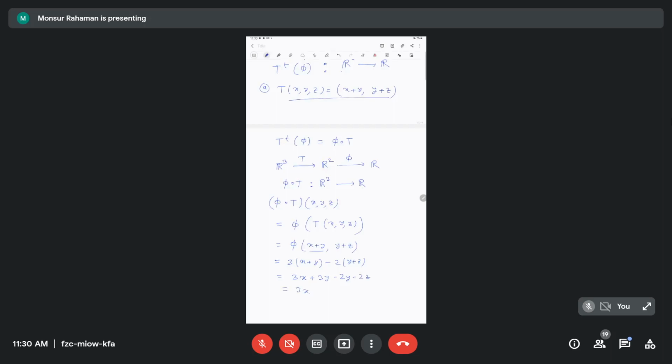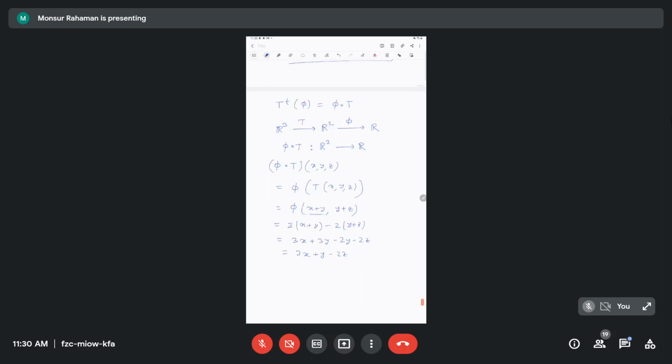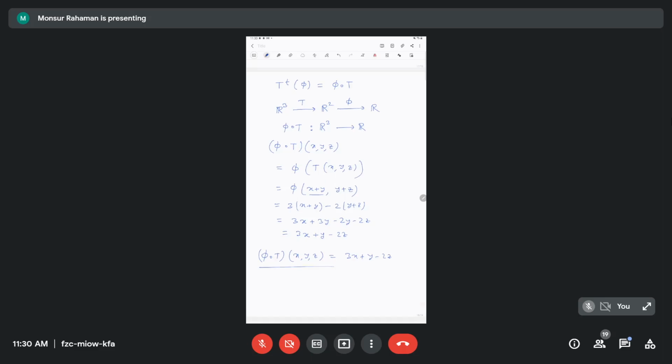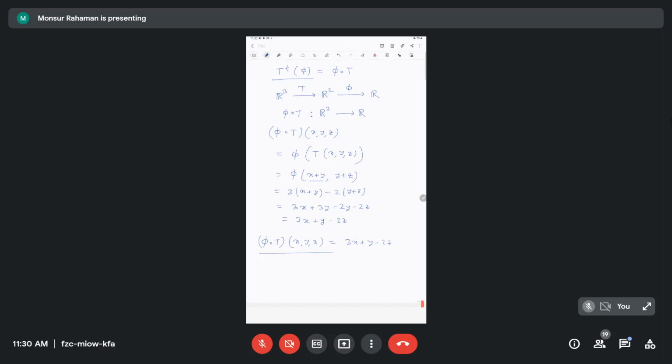So this is 3x plus y minus 2z. So phi compose T of (x, y, z) equals 3x plus y minus 2z. This is the definition of T transpose of phi. So T transpose of phi of (x, y, z) equals 3x plus y minus 2z.